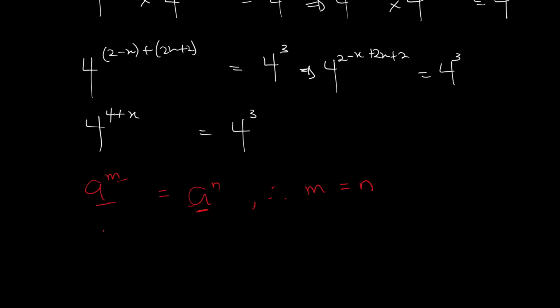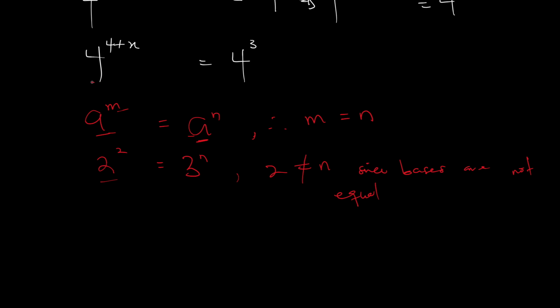If we have 2 raised to the power 2 equals 3 raised to the power n, we can't say that 2 is equal to n because the bases are not equal. So we can add this rule to our rules.